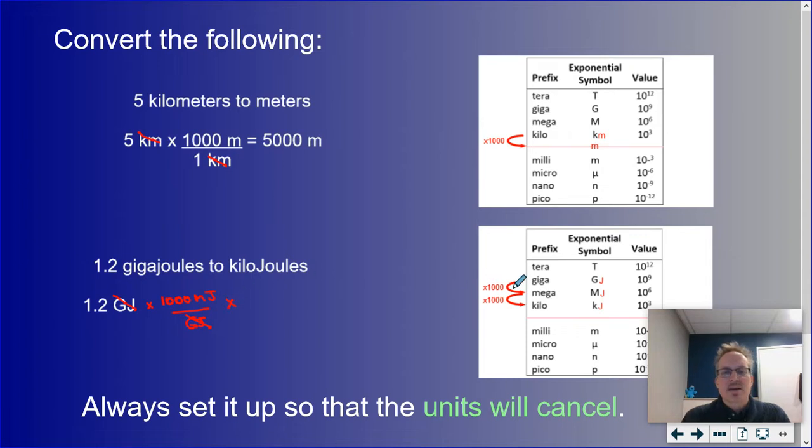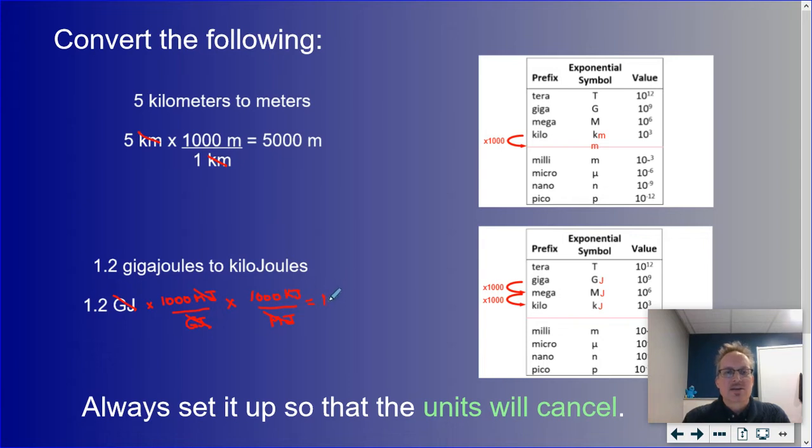Now we're going to multiply by 1,000 again because there are 1,000 kilojoules in a megajoule. Again, megajoules are on top, megajoules are on the bottom. The key to this is if the numbers are on top, we multiply. So in your calculator, we're going to take 1.2 times 1,000, enter, times another 1,000, enter.